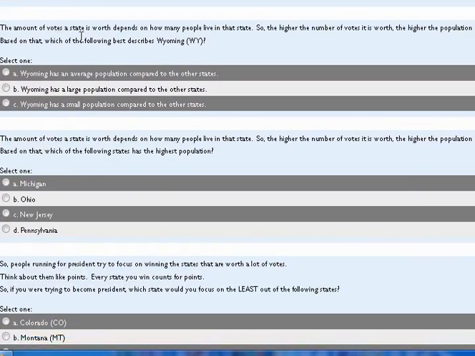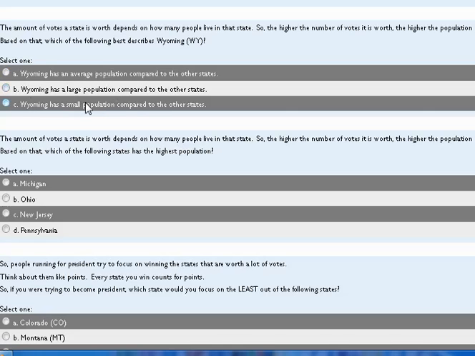Like this one says the amount of votes a state is worth depends on how many people live in the state. Like we said, the more people that live in a state, the more votes or points that state is worth. So the higher the number of votes, the higher the population of that state. Based on that, which of the following best describes Wyoming? Does it have an average population, kind of in the middle? Does it have a really big population?